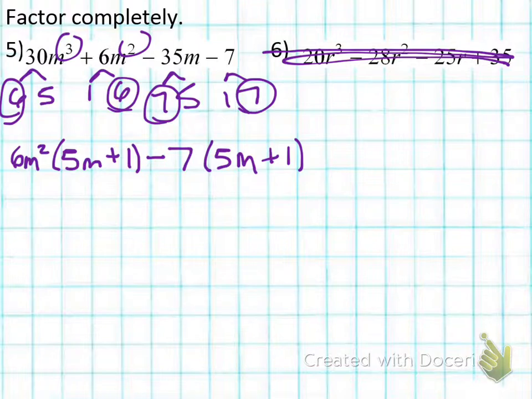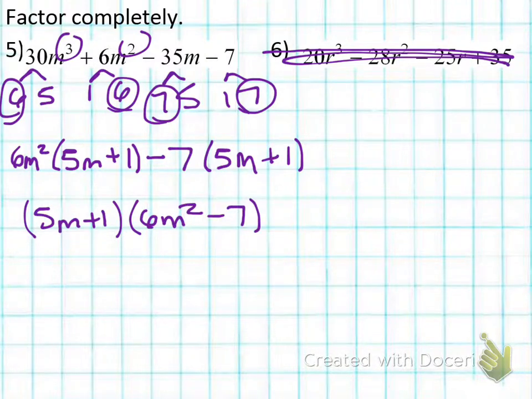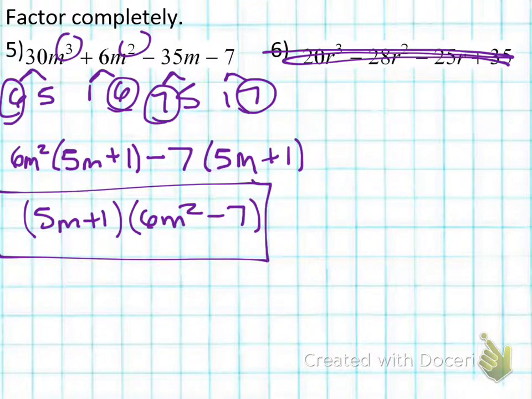If I hadn't factored out the negative, I would have negative 5m minus 1, and I might not see that I can continue factoring. So this way I see that those are both the same. They both have 5m plus 1, so I can factor that out. And I'm left with 6m squared minus 7. Okay, and that's my final answer there.